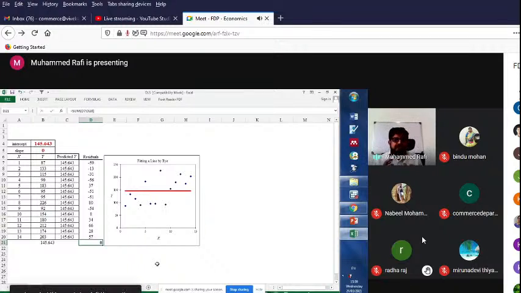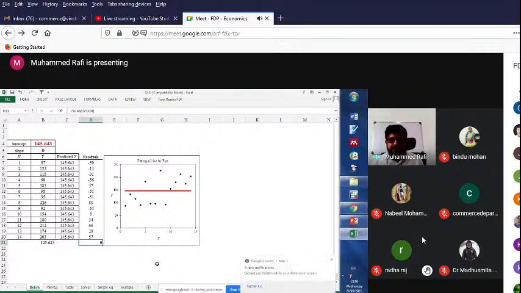Now, what I'm trying to say is that even if you draw a line by taking the average of the dependent variable, you get a horizontal straight line, which minimizes the sum of residual. So minimizing the sum of residual should not be the criterion to fit a line which represents the relationship between x and y.